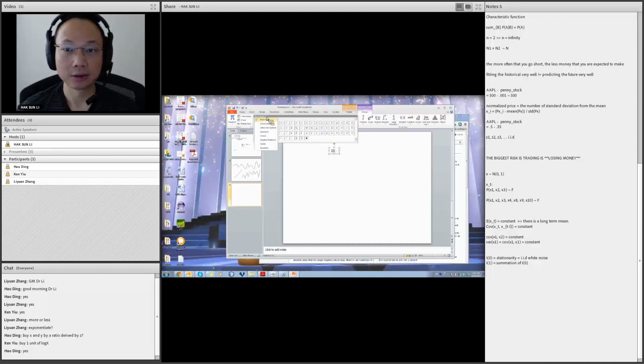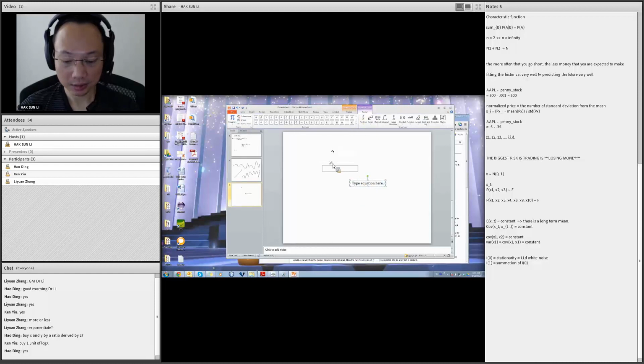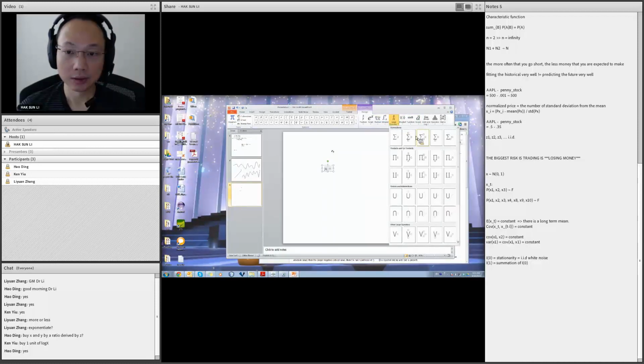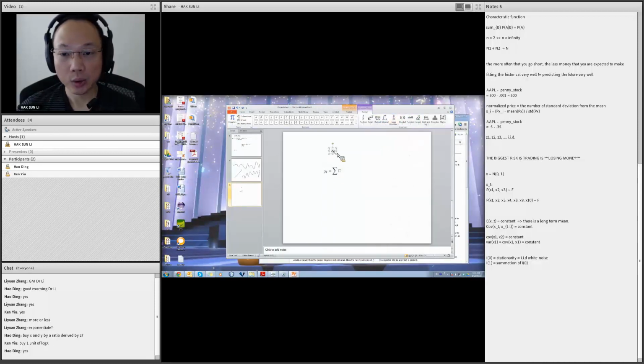That's I0. And I1 just means the summation of it. Say I1, say the price, equals the summation of it. So I1 is the summation of an I0 time series.